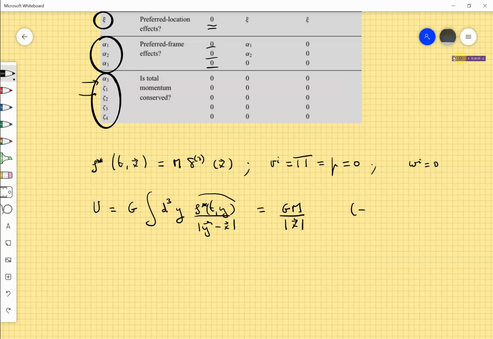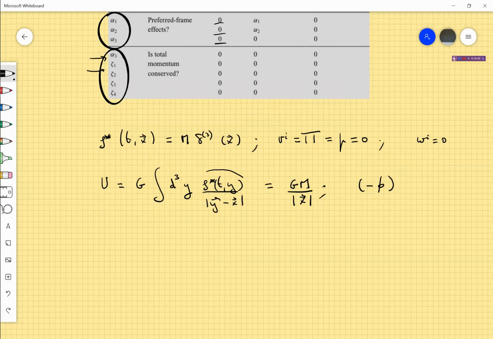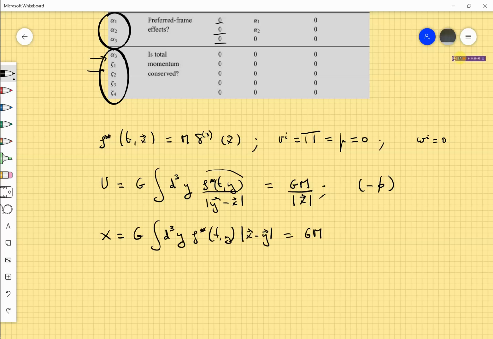This is what we called minus 5. Very easy. Really, chi is G times the integral, and now you have rho star(t, y) multiplied by this expression, and so you get G m, and this delta gives you x multiplying.